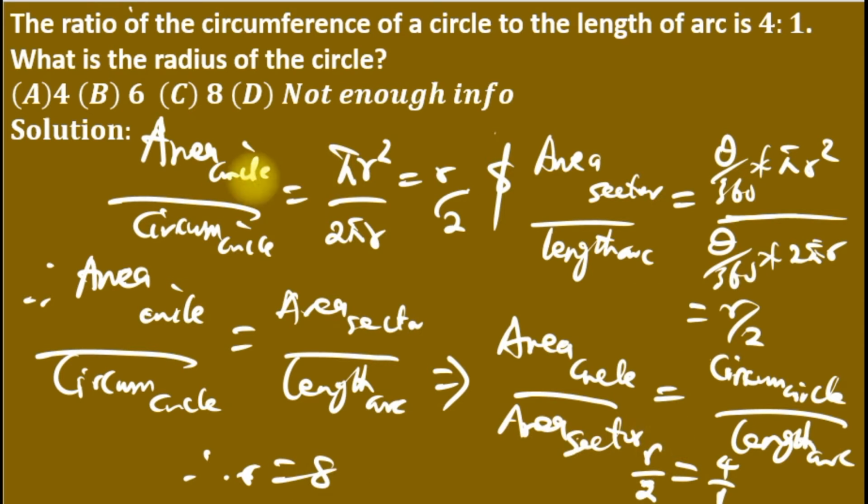Do you get the logic? This equals r over 2. That same this equals r over 2. So I'm saying that this thing equals r over 2.